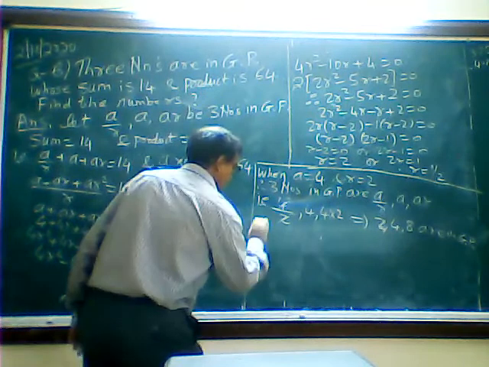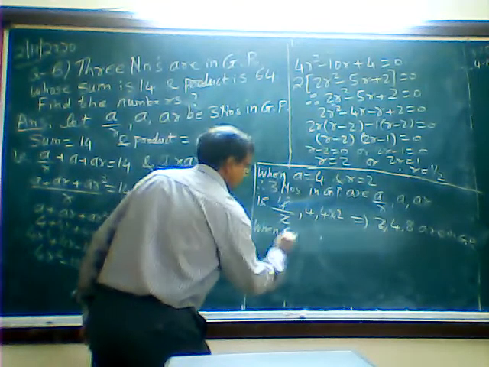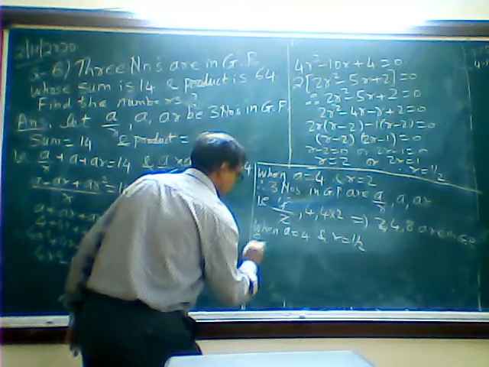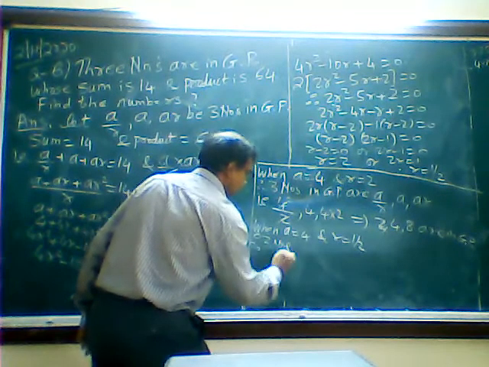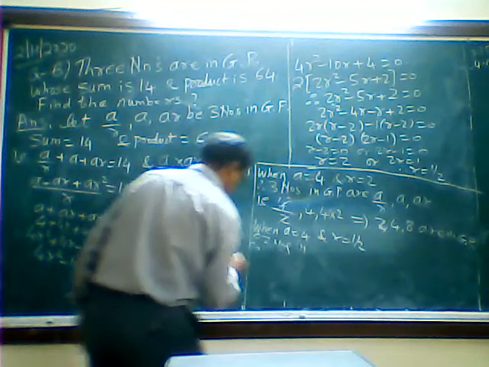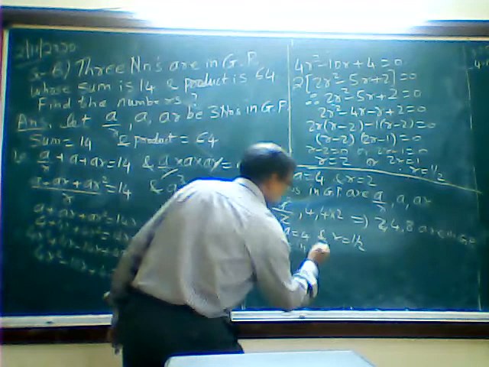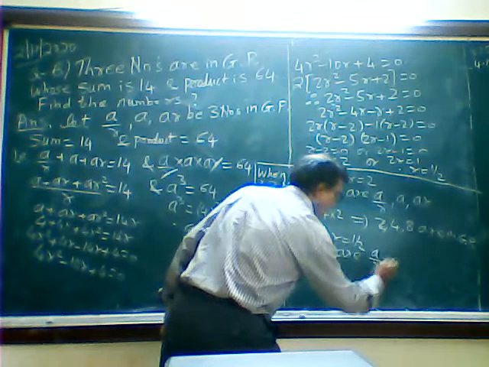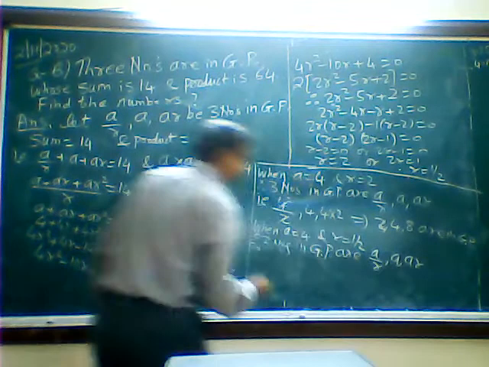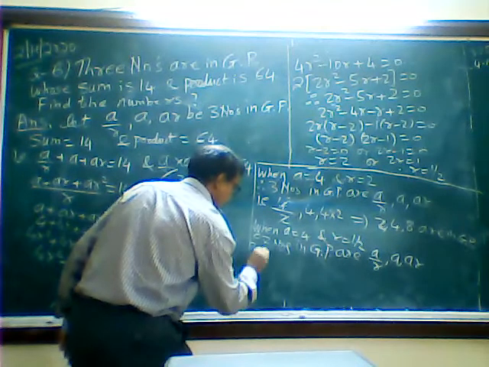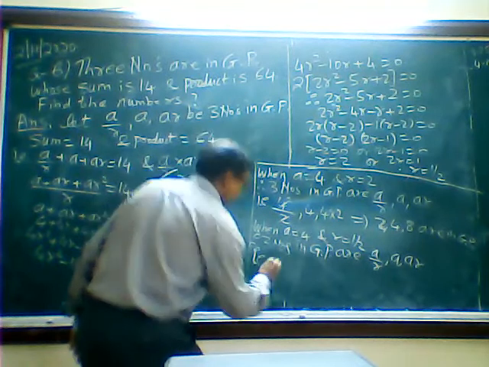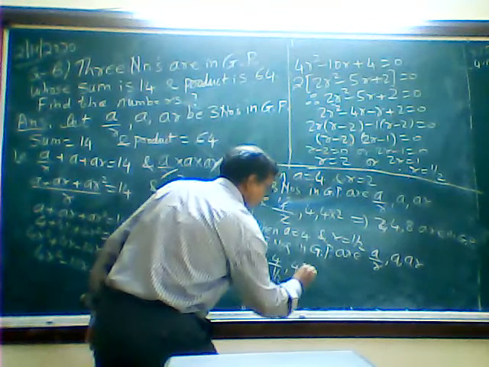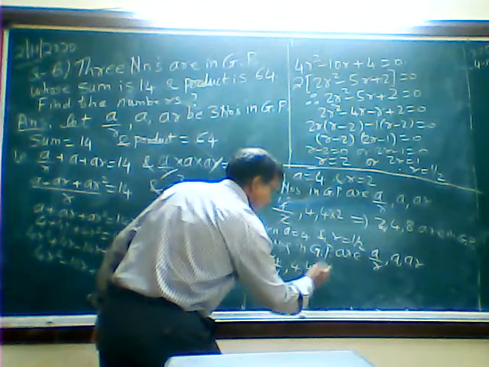Now same way I will say, when a is equal to 4 and r is equal to 1 by 2, the three numbers in GP are a upon r, comma, a, comma, ar. That is, a is 4, r is 1 upon 2: 4 upon 1 by 2, comma, 4, comma, 4 into 1 upon 2.